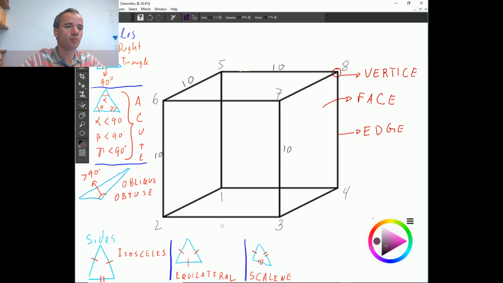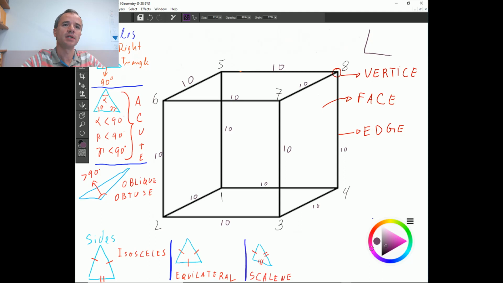I'm not going to put it everywhere, but it is 10, trust me. Let's put 10, 10, the front one 10, this one 10, everybody's 10.